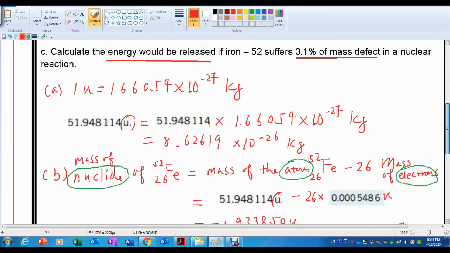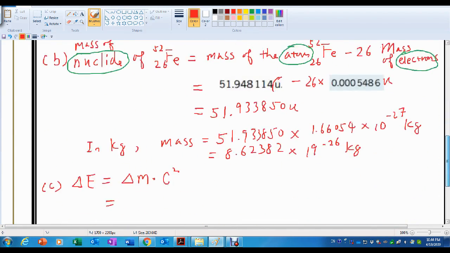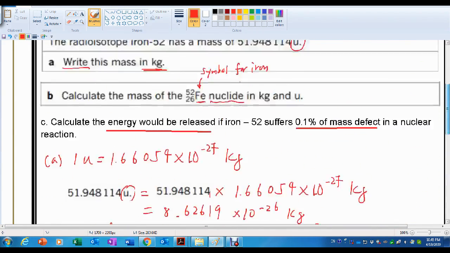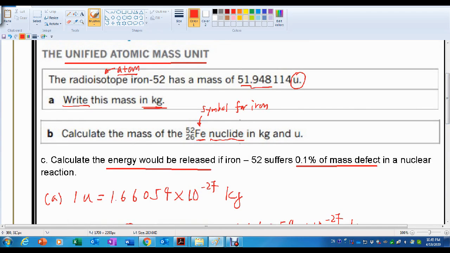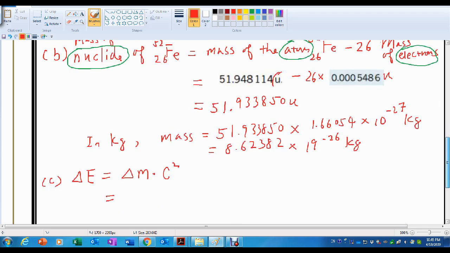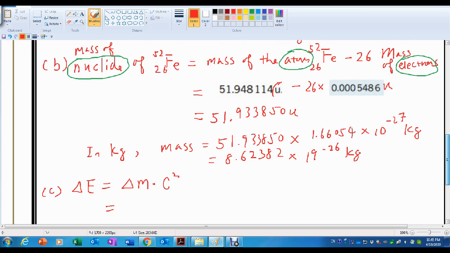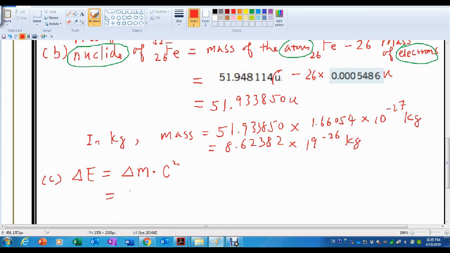So the mass, of course, we are going to use a nuclear mass, not the mass here, because that's the mass for the atom. We are now going to use the mass of the nuclei. So mass defect is only 0.1% of this one, that's the mass of nuclei.